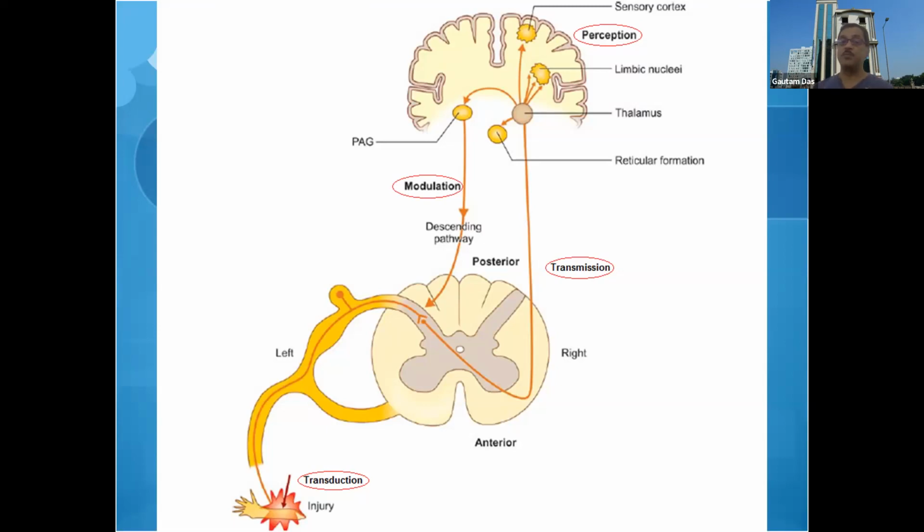Now the other important part is that electrical signals produced at the periphery can be amplified when reaching the higher centers, so you need to know this amplification process also. Right now I have talked about the dampening, the reduction system, that is called modulation. And the next part is called sensitization. So you have to understand sensitization also. Before going into sensitization, I'll invite one or two quick questions regarding modulation. You can unmute yourself and quickly ask the questions.